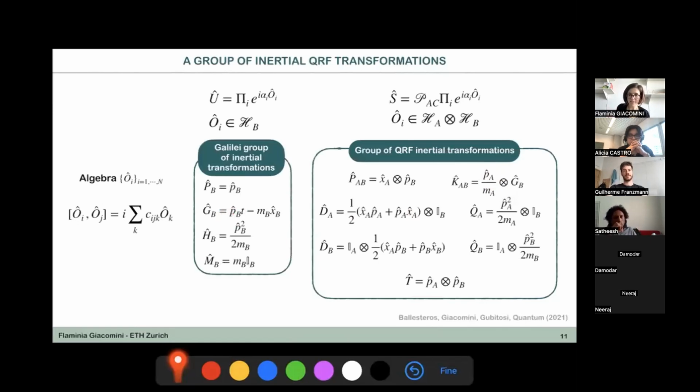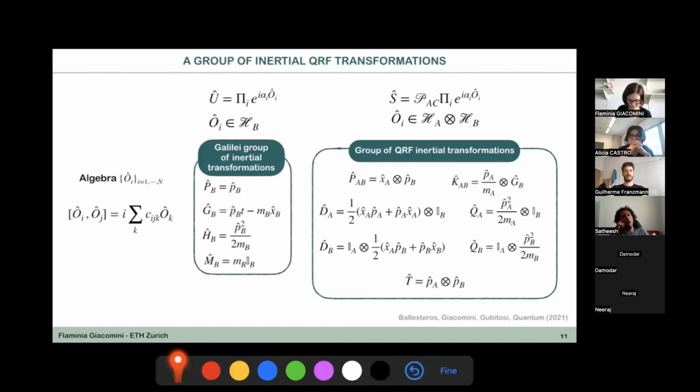So I could actually rewrite all these generators in a totally symmetric way by just taking XAPB, PAXB, and PAPB. And I could just drop these other things, and I will just have other constants in front of it, but these are just scalar constants, so it doesn't matter what they are. So this is actually something that is needed because we really want everything to be symmetric and close the group.